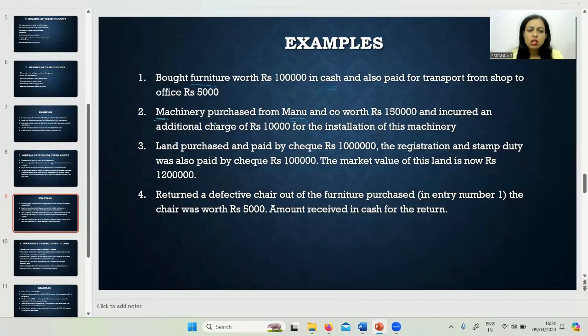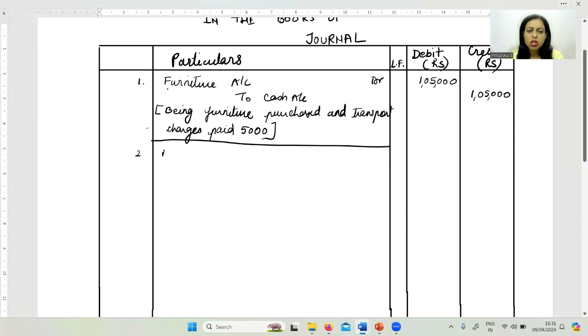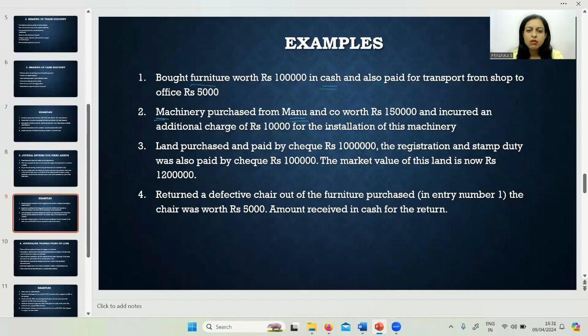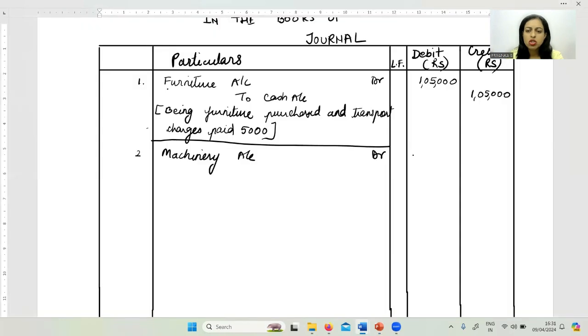So in the journal, this second transaction will be recorded as machinery account. Machinery brought in, so real account, debit what comes in, credit what goes out. Machinery is coming in. Amount is 1,50,000 plus 10,000 of installation. So directly I write here 1,60,000 to Manu and company, because there is nothing mentioned about payment.